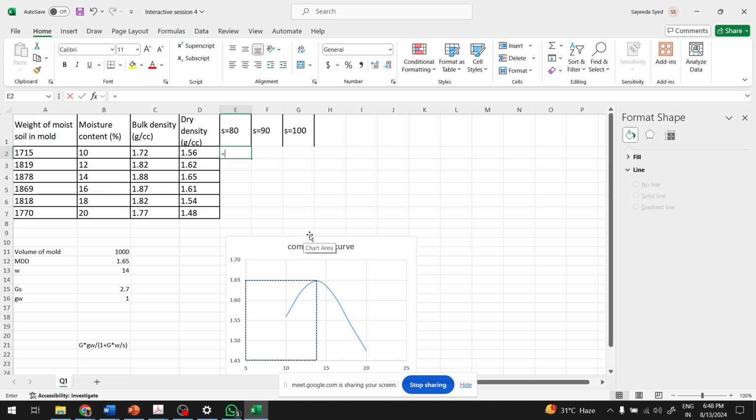Here, this is equivalent to G. Let's lock this because we don't want this to change.